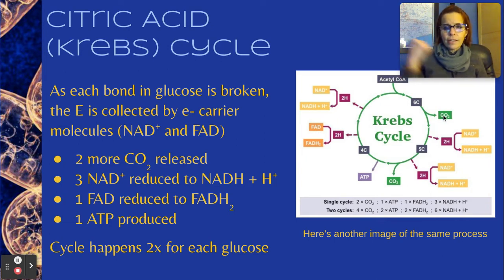Immediately a carbon dioxide gets released. That makes it a 5-carbon molecule. Then another carbon dioxide gets released, which makes it the 4-carbon molecule that restarts the whole process. So that's why it's a cycle. In the process, we're making NADH a couple of times. We're making 1 ATP. There's the FADH2 that you haven't seen before, and then another NADH.